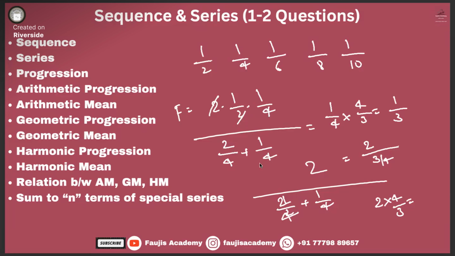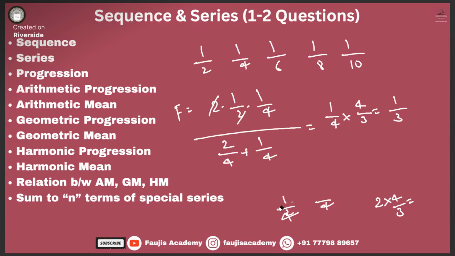Okay. This is your 3 by 4. When it comes over here, it becomes 4 by 3. And 2 into first term into second term, 2 into ab by a plus b. 4 got cancelled. 1 by 3 is remaining, right?